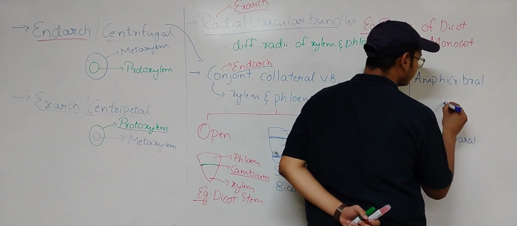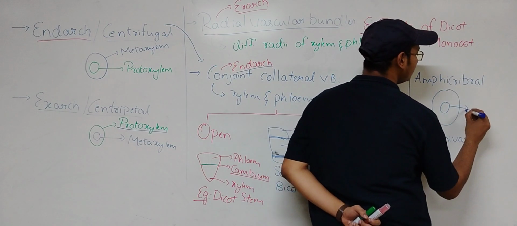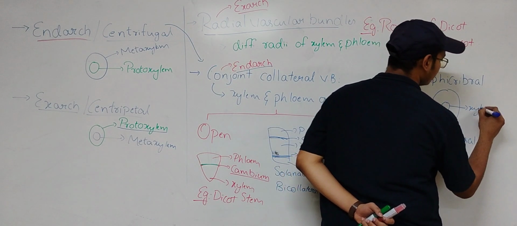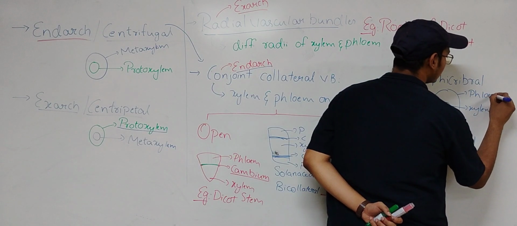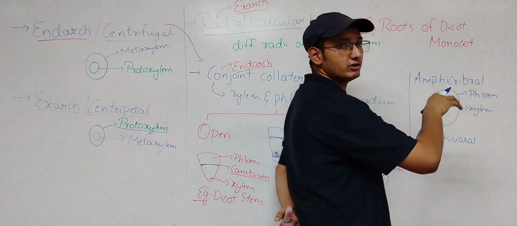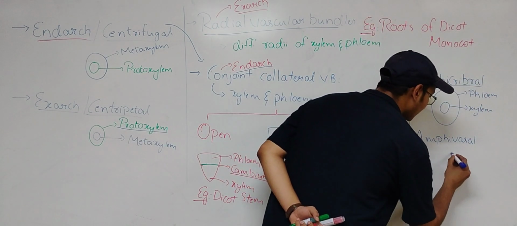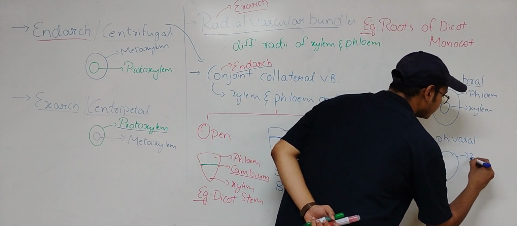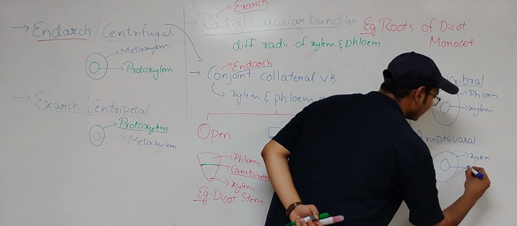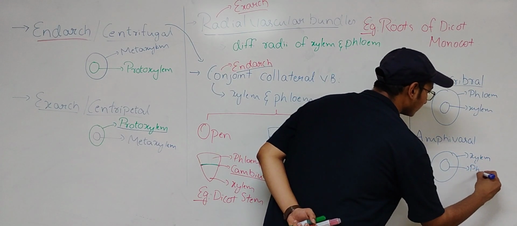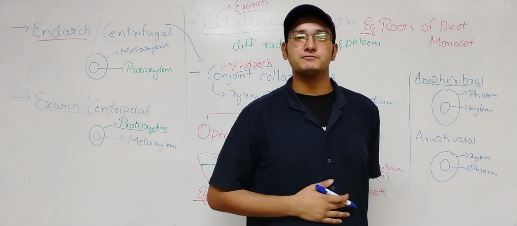If the xylem is present inside and the phloem is present outside, so the xylem is present inside, which is covered by phloem, then it is known as amphicribral. If the xylem is present outside and the phloem is present inside, then it is known as amphivasal.